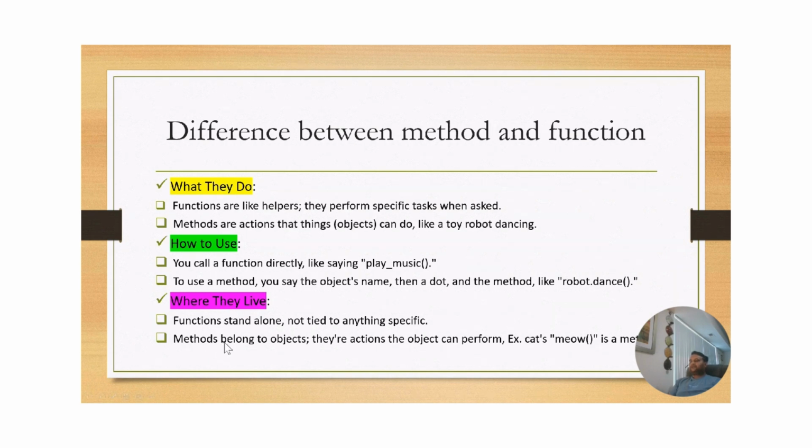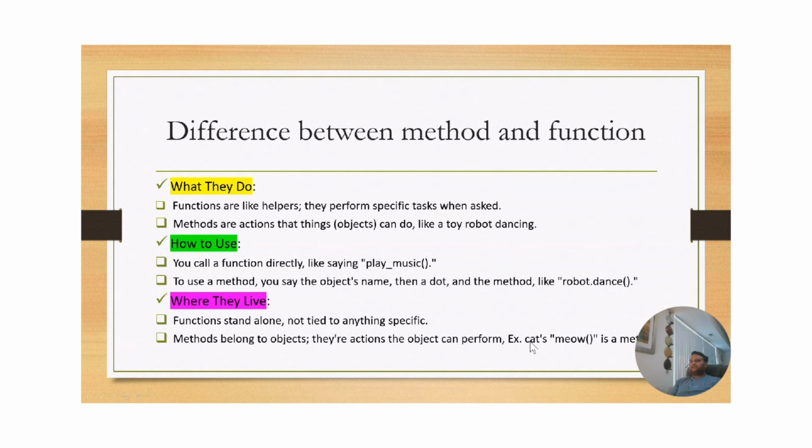Whereas a method belongs to objects, so there is a very tight relationship between the method and object, and specific methods can be called on specific objects. It cannot be that object A can call a method of object B unless they are specifically defined.